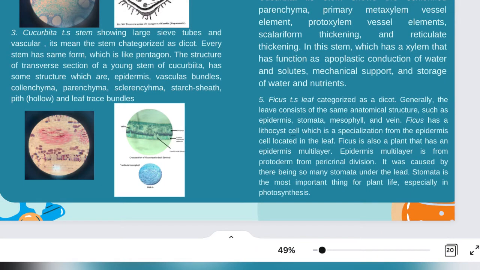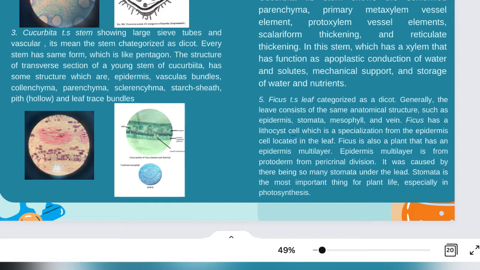Next one, the Ficus leaf is categorized as a dicot. Generally, the leaf consists of the same anatomical structures, such as epidermis, stomata, mesophyll, and vein. Ficus has a lithocyst cell, which is a specialization from the epidermis cell located in the leaf.